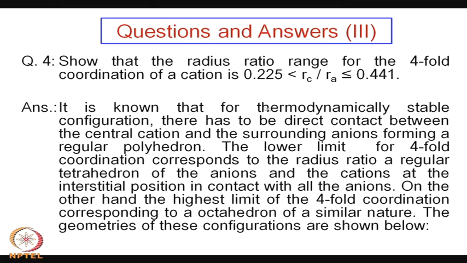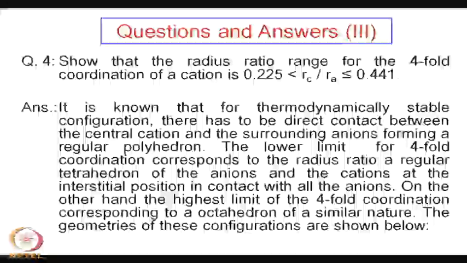It is known that for a thermodynamically stable configuration, there has to be a direct contact between the central cation, or the interstitial cation, and the surrounding anions, forming a regular polyhedron.